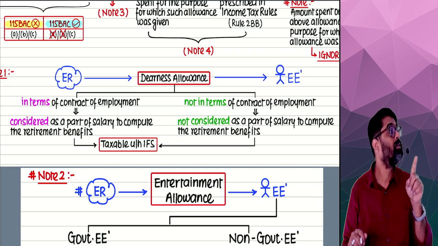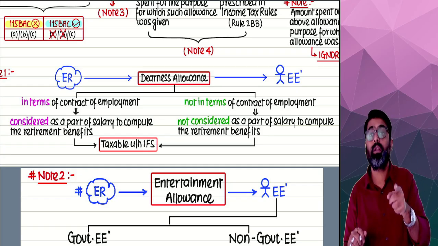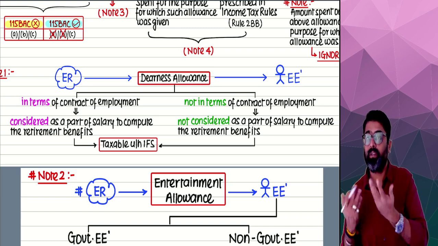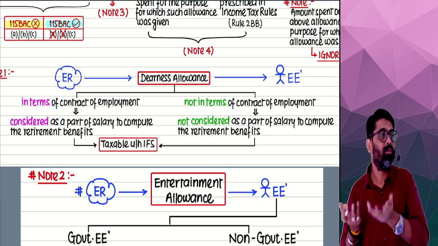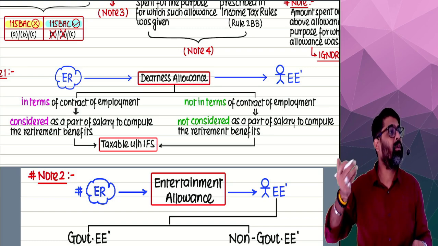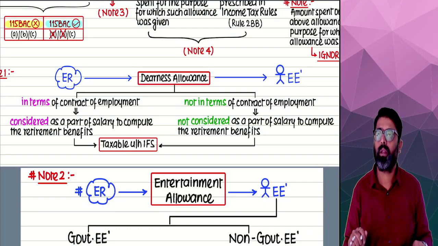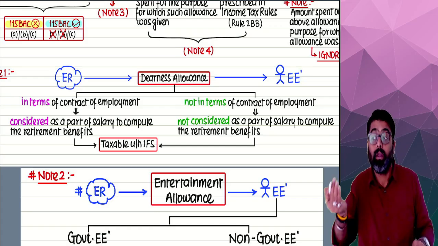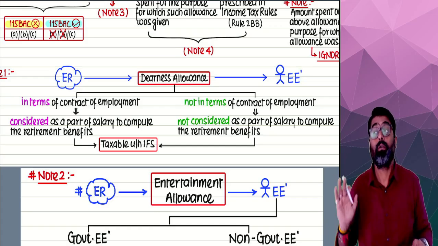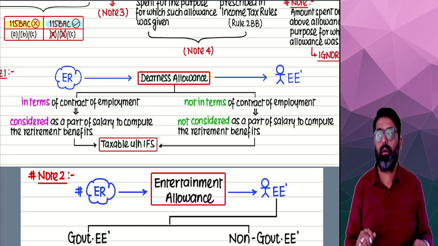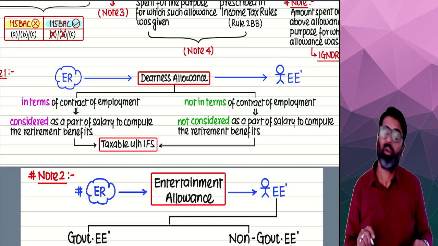Everyone would start taking their salary in the name of inflation, because inflation is going to increase. Every time you take your salary, you will tell your employer, don't give me salary, give me DA. How much was your salary? 1 lakh. Don't give me 1 lakh.